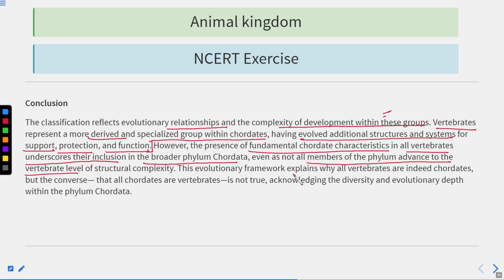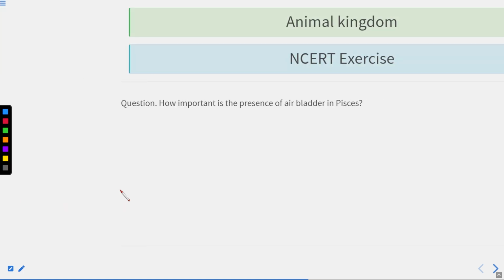So this evolutionary framework explains why all vertebrates are indeed chordates, but the converse, that all chordates are vertebrates, is not true. So it acknowledges the diversity and evolutionary depth of the phylum Chordata. This division also explains the evolutionary relationship among the different groups of the phylum Chordata.